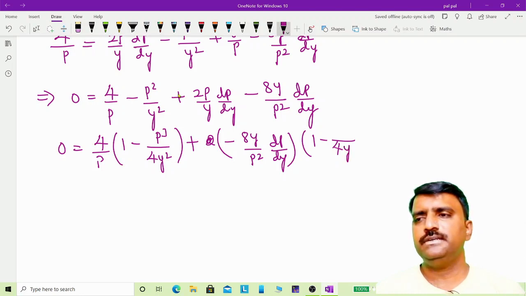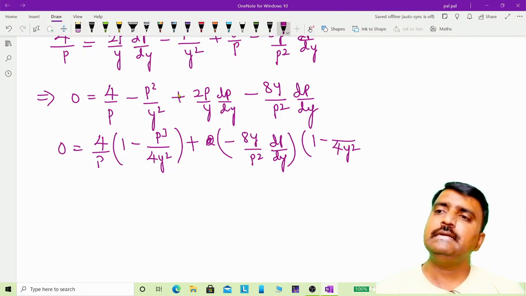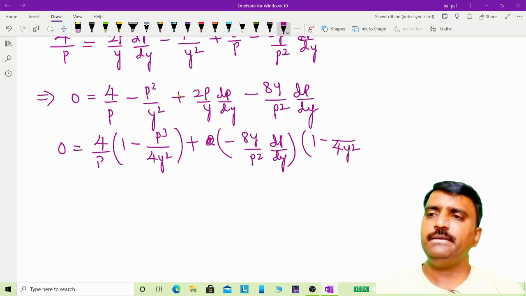Similarly we have taken p square in the denominator as a common factor. Actually there is no p square in the numerator, so we have to put p square in both numerator and denominator. If we put p square, p into p square becomes p cube.